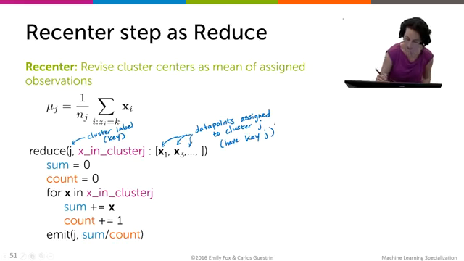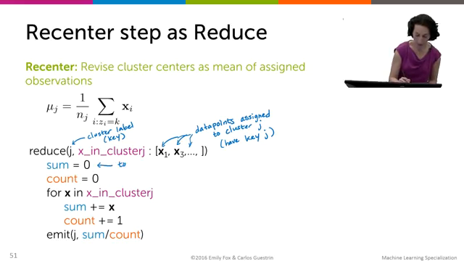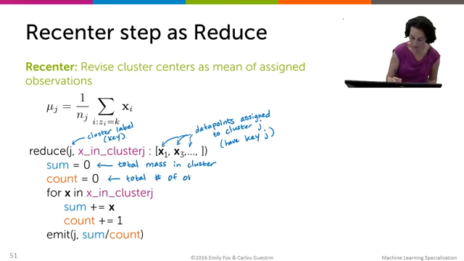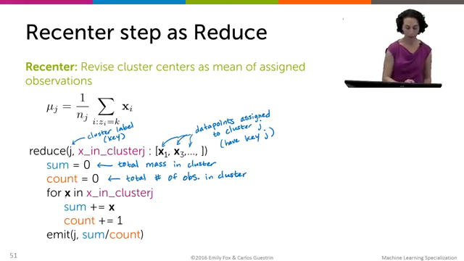So they have key J. And what this reducer does is it starts with the total mass in the cluster being 0. And the total number of observations in the cluster, we also initialize to be 0. And then for every x value in this list, we're simply going to increase the total mass by an amount x, and then increase the total count number of observations in the cluster by 1.